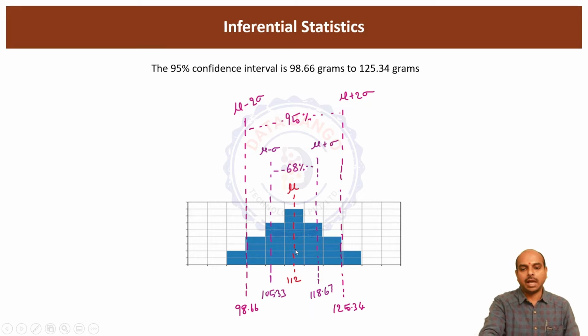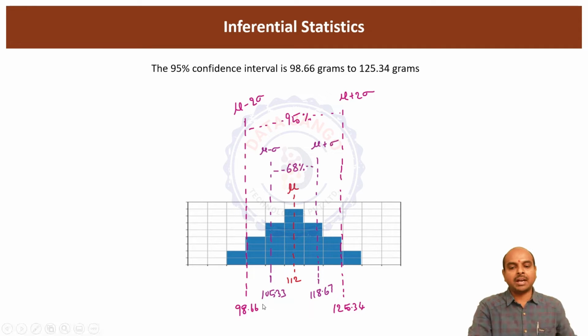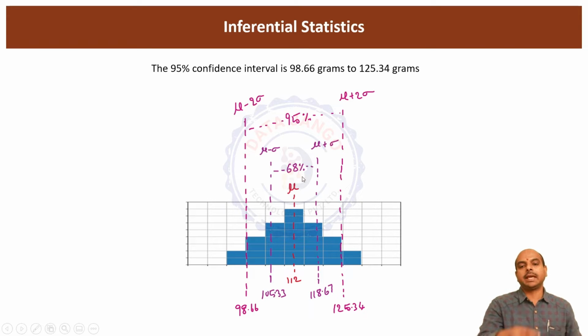Here I have taken the mean, subtracted the standard deviation, and added the standard deviation. So 105 grams to 118 grams will contain 68% of the samples' means.